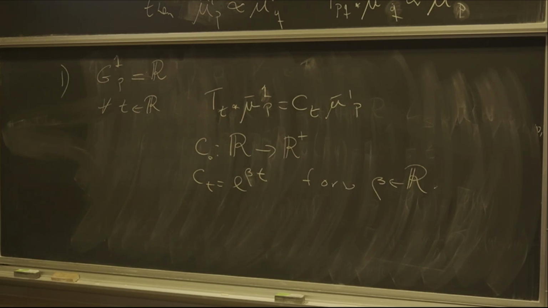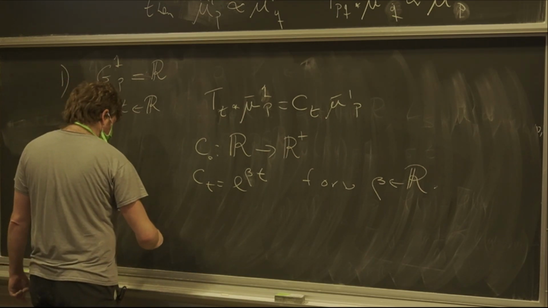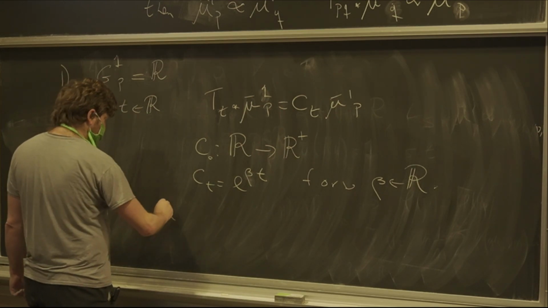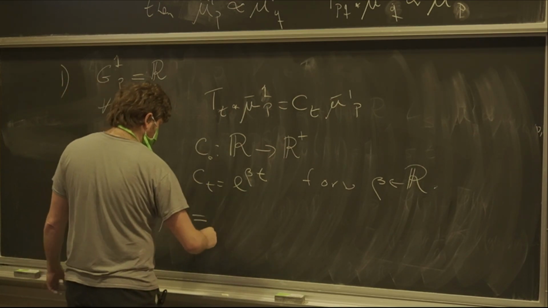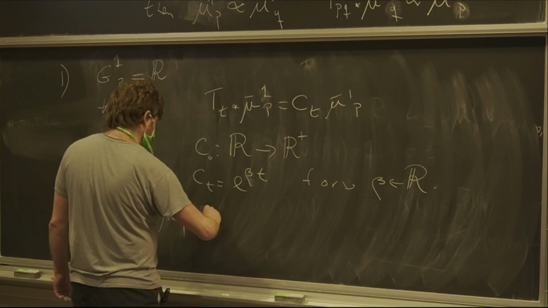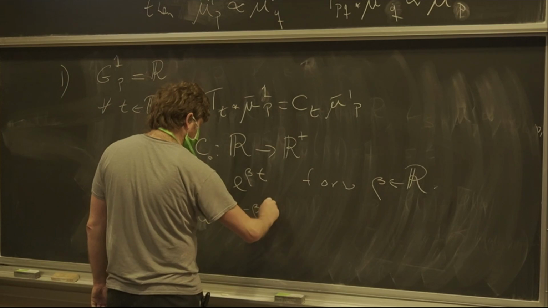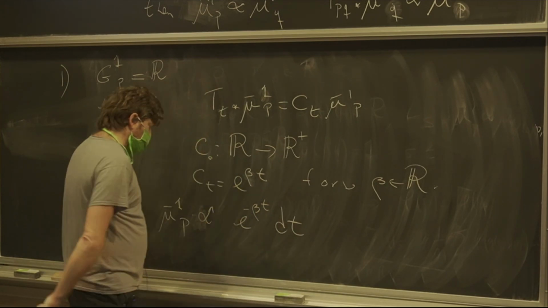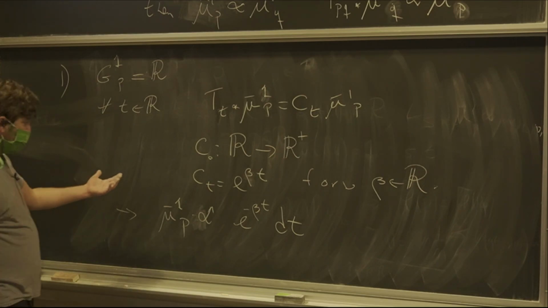And once you know that, this implies that mu bar 1p is, up to a multiple, e to the, I may be wrong, but I think it's this, e to the minus to this measure. And this is really not hard to prove.